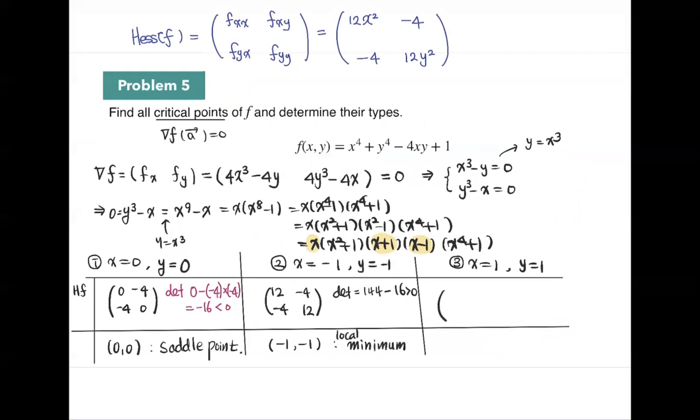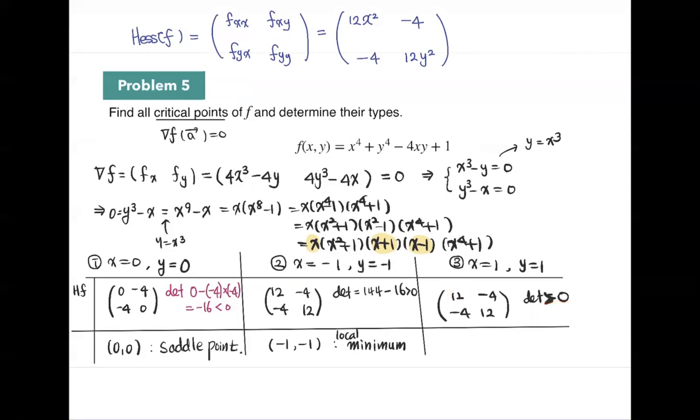In this case, x is 1 and y is 1. It has the same matrix, so the determinant is bigger than 0 and our first entry is positive.